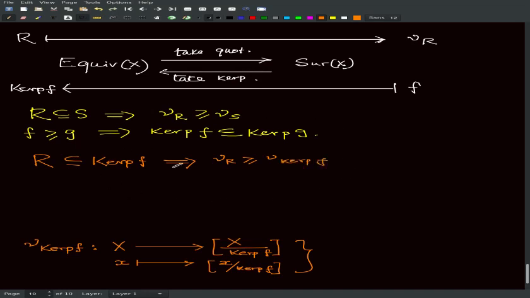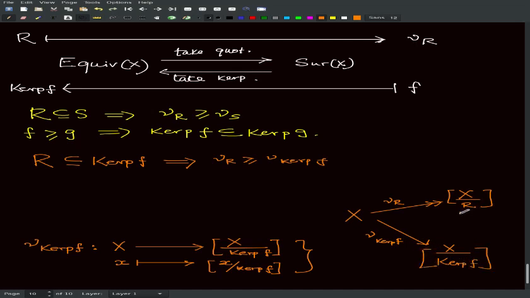So what does this whole story mean? This means that this was your mu of r, this is your x by r, and this is your x by kernel pair of f.